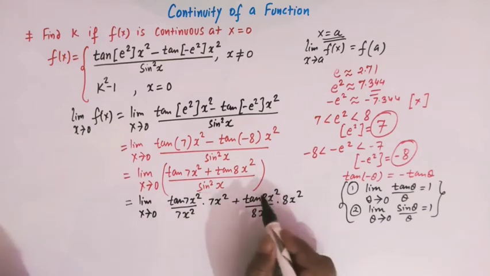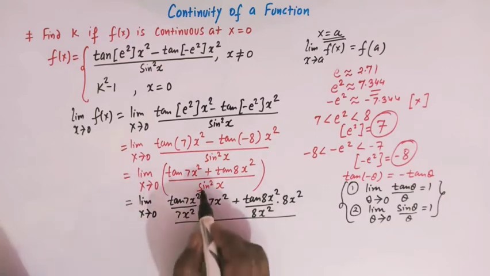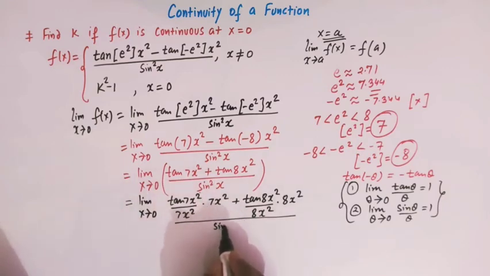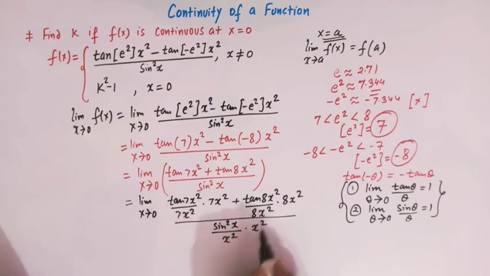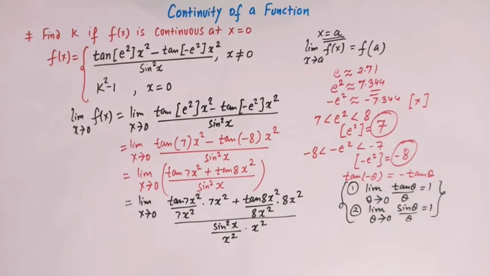So here again we'll get the same form, and in the denominator we can write sine square x over x square, and here also we can write x square, so that we get the form sine theta over theta, right?